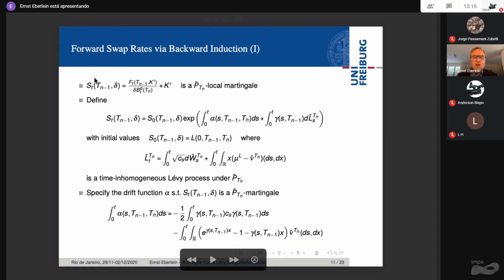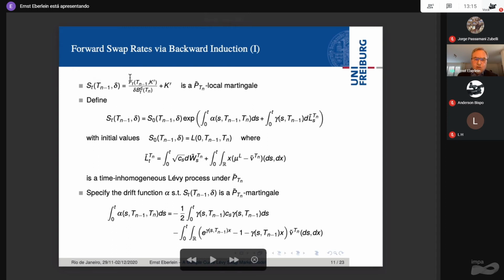This is how it looks like if we look at the most distant swap rate. And for the most distant swap rate, we do not have a sum, we have just the bond price Tn. And if you look at the formula which I derived before, the swap rate corresponding to time point Tn minus 1 can be represented in this way.